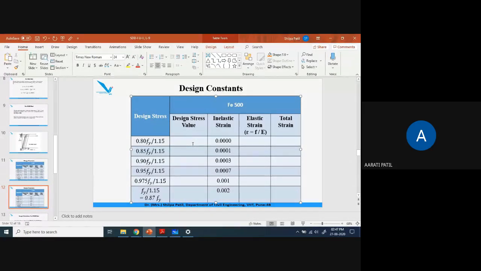347.83. Okay. Elastic strain 0.00174. Correct. Total strain will remain the same because for the first value the inelastic strain is 0, so this is the same value.